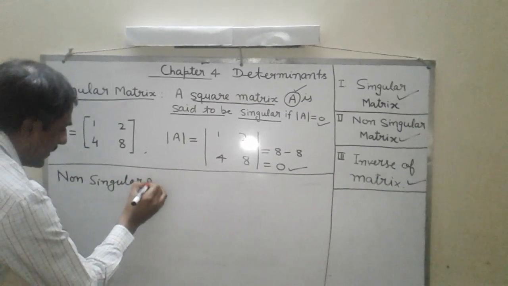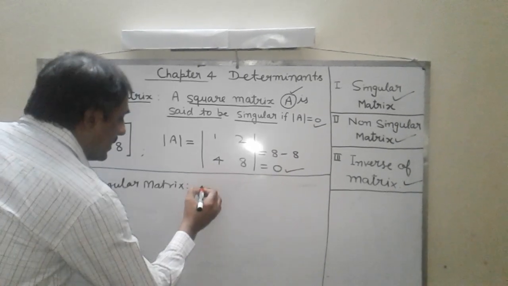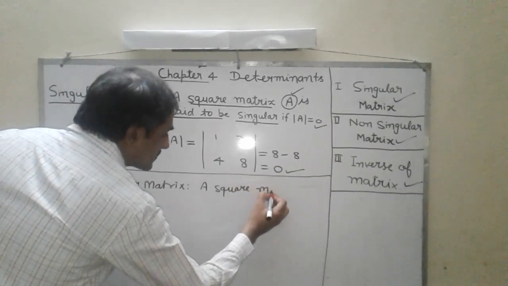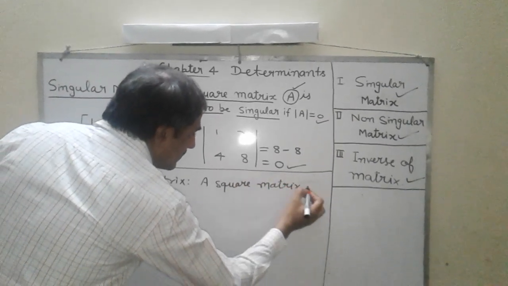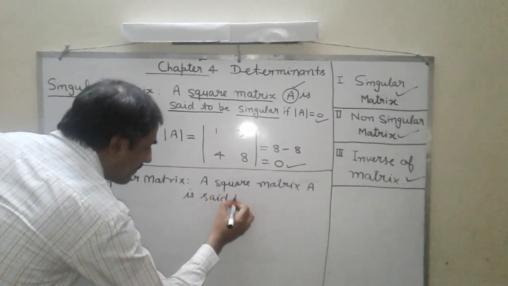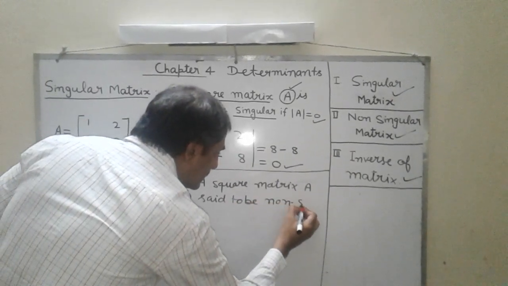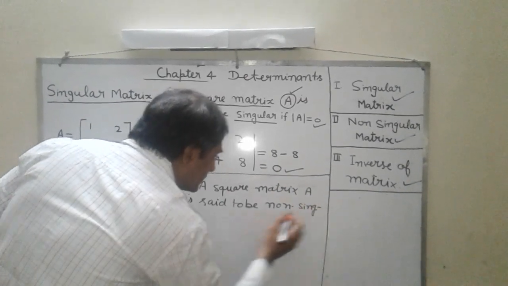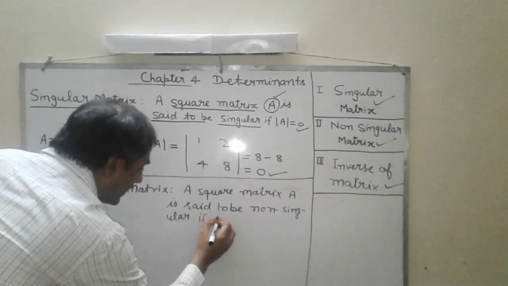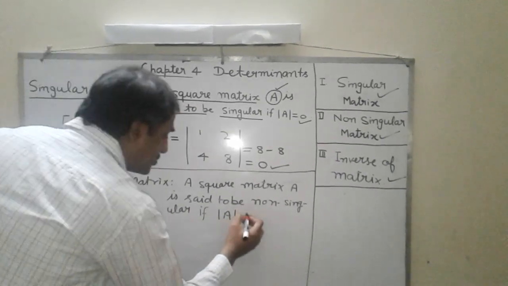Non-singular matrix. A square matrix A is said to be non-singular if the determinant of the given matrix is not equal to 0.